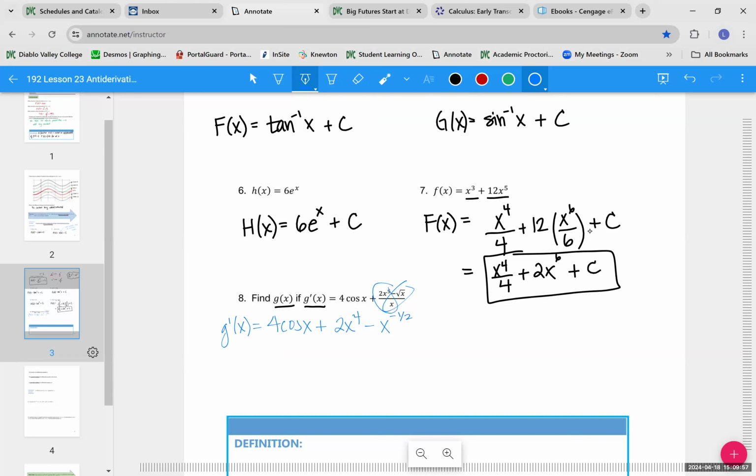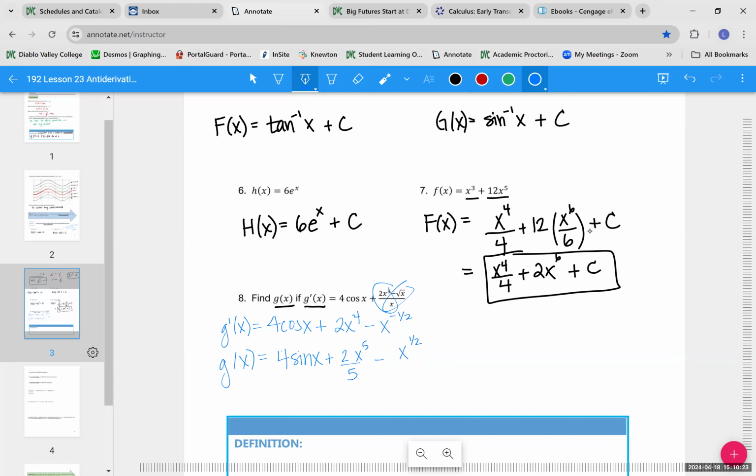So now that I've rewritten it, I should be able to go back through term by term, looking at what gives me a derivative of cosine. That would be sine. I will add 1 to the power and then divide by that number. Add 1 to the power. If my power is negative 1/2 and I add 1, I'll get 1/2.